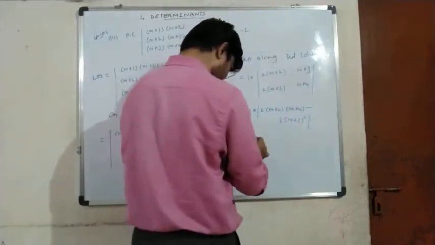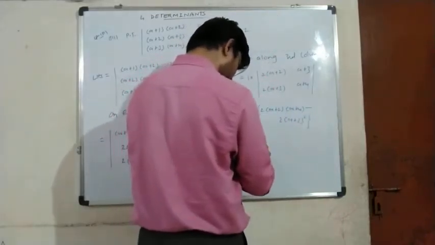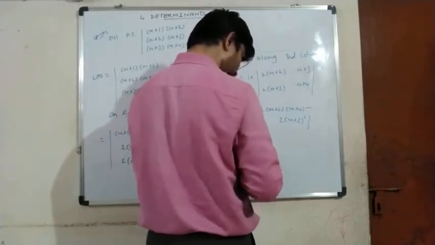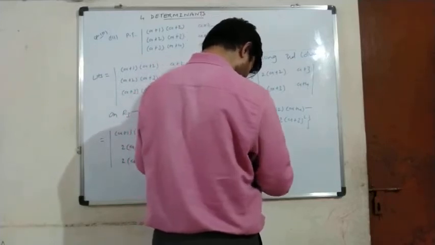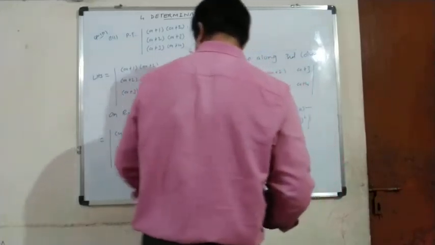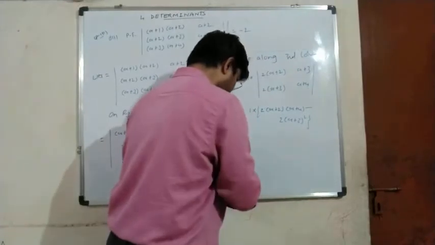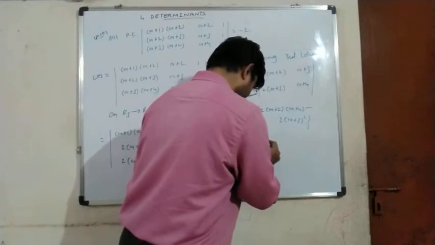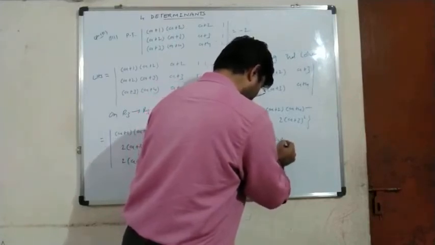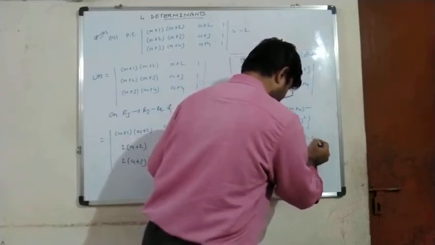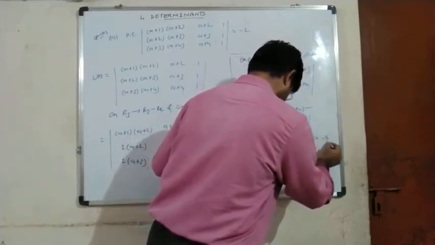Now let us simplify. 2a square, 4 plus 2 is 6, 6 twos are 12a. Or you can take 2 common from both the terms, so I write 2 outside: a square plus 6a plus 8 minus a square minus 6a minus 9.